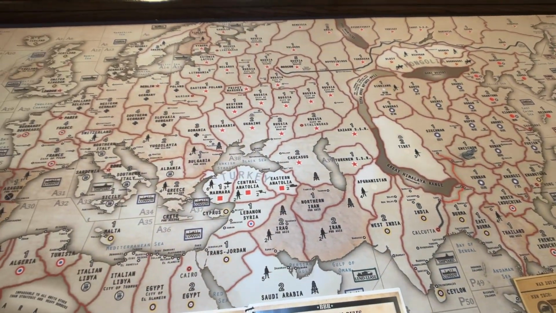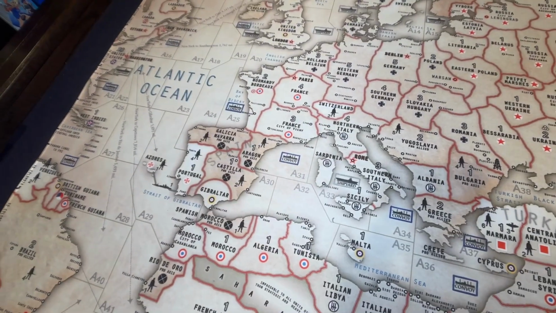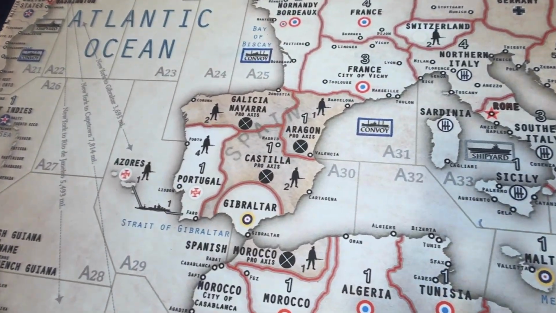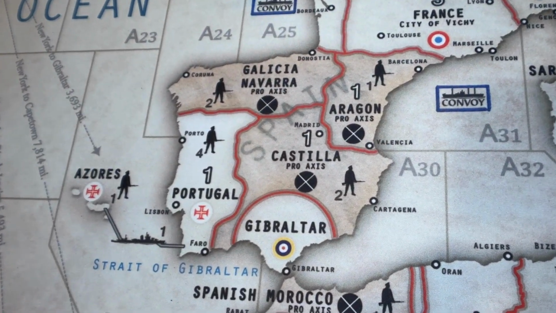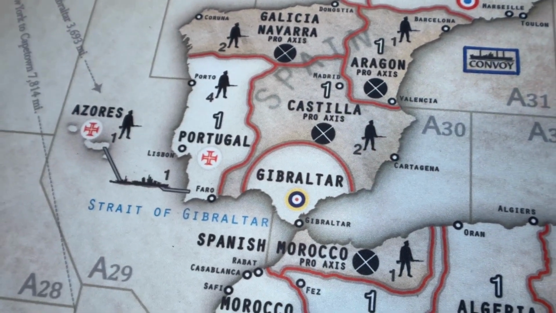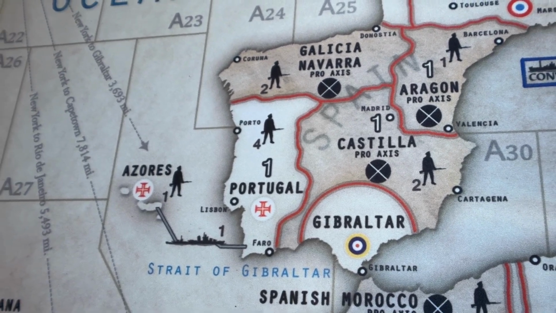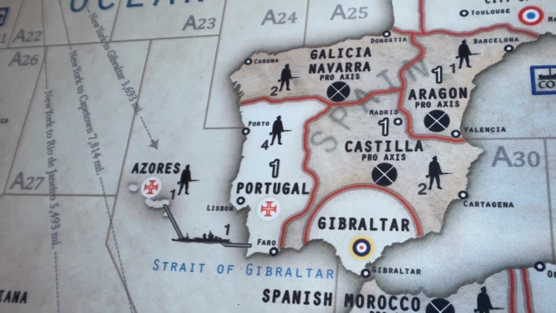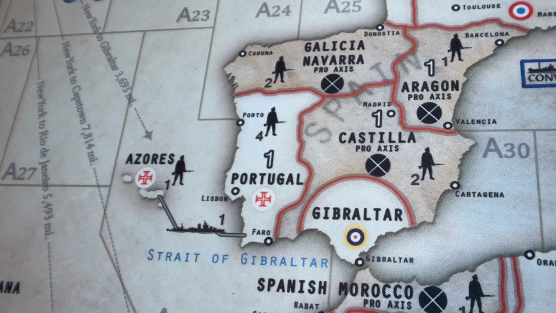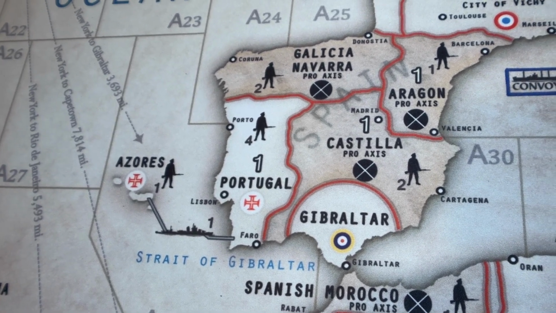There's also special rules for Spain and Portugal. Okay, well, what's up with that? Well, I mentioned that this whole Spanish situation gets more complicated than it just being pro-Axis. And that's because not only are there special rules around Spain, but around Portugal as well. And this is inspired by history and Portugal's bilateral treaty with the UK, apparently.